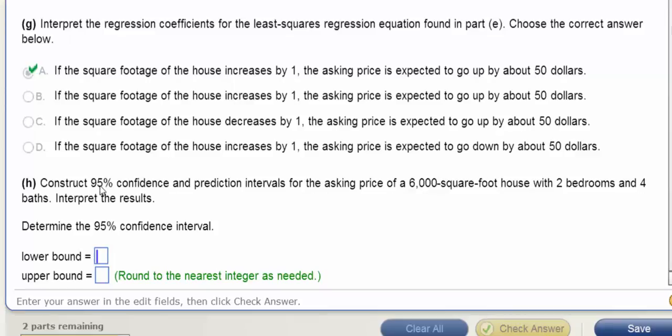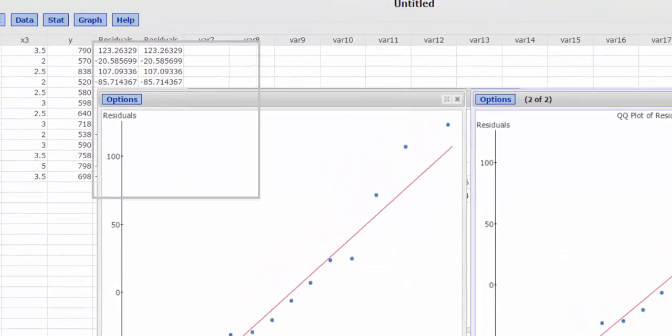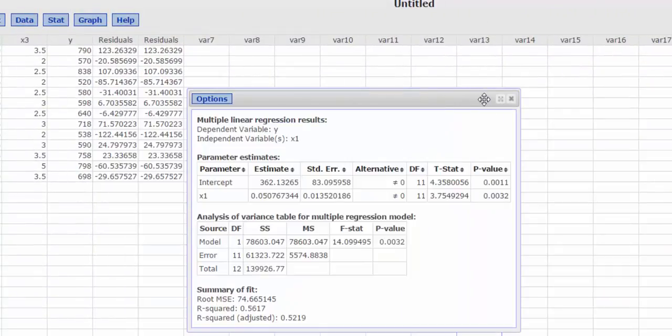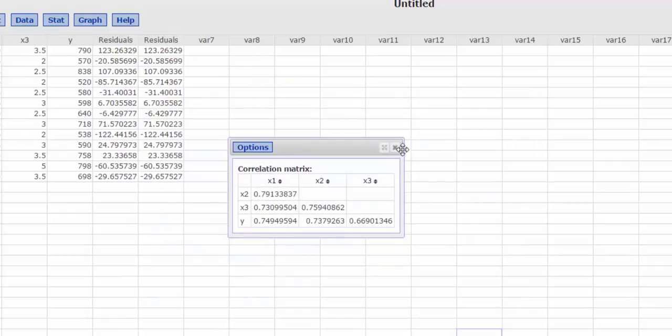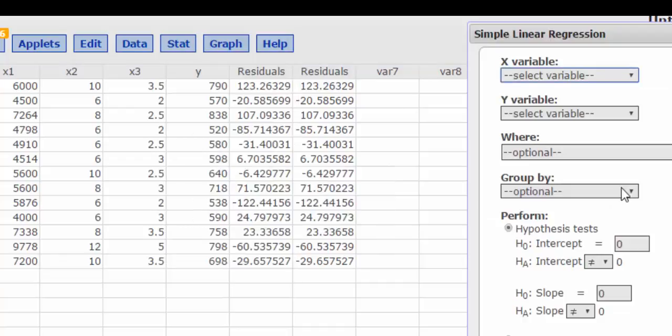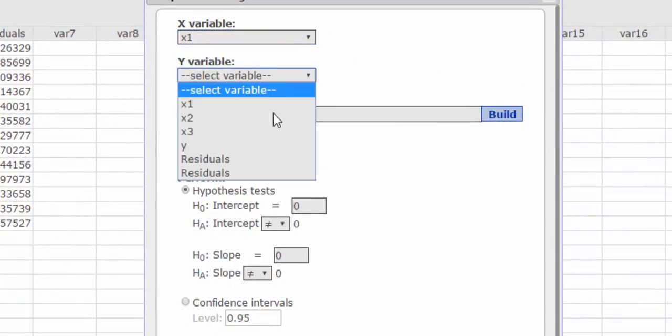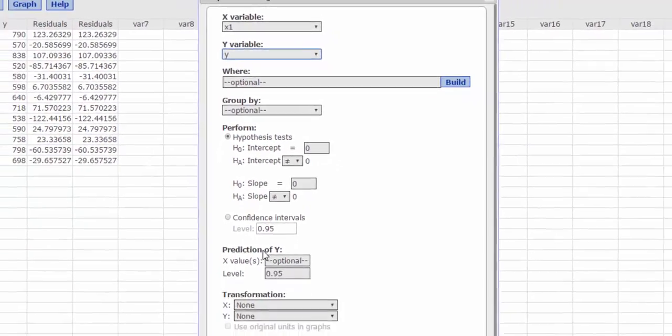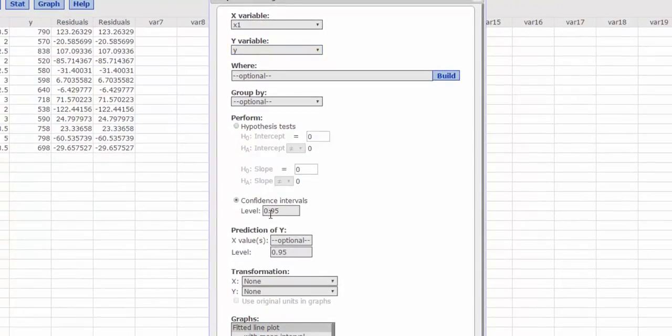Next, we're asked to construct a 95% confidence and prediction interval for the asking price of a 6,000 square foot house with 2 bedrooms and 4 baths. Okay, so we have to determine the confidence interval. So we can do that again using, guess what? StatCrunch. Right, so this was the last few things we had done. So if I go to stat, regression, simple linear, we're going to use x1 and y, and we want to do a confidence interval, 95%.